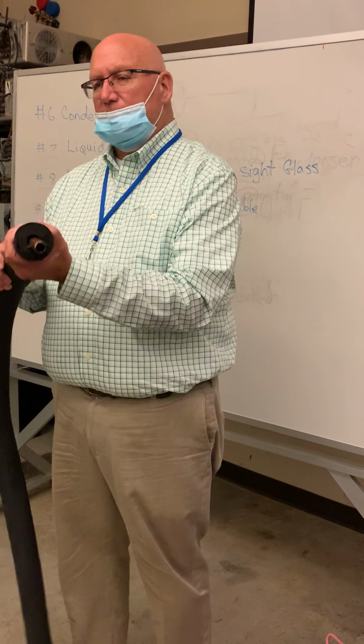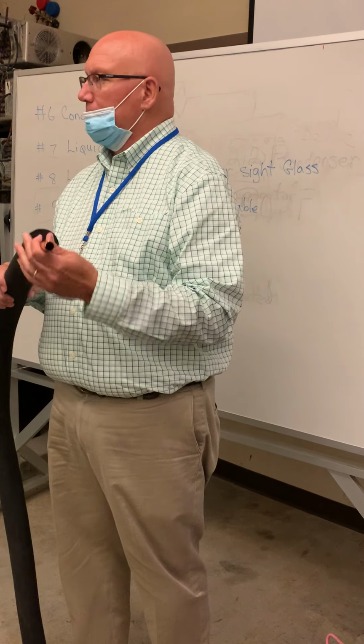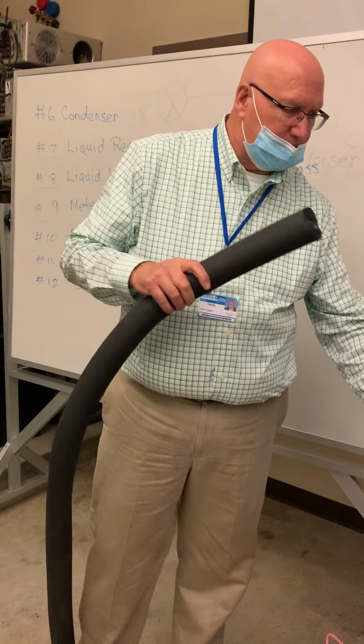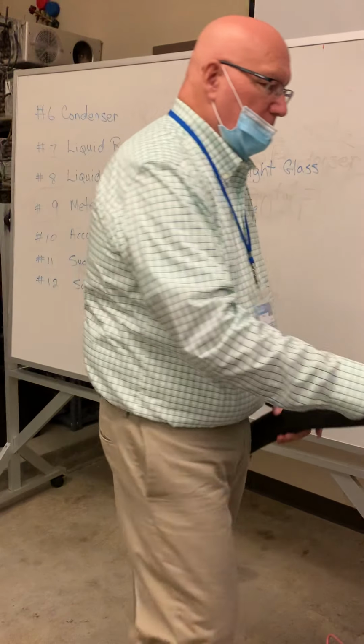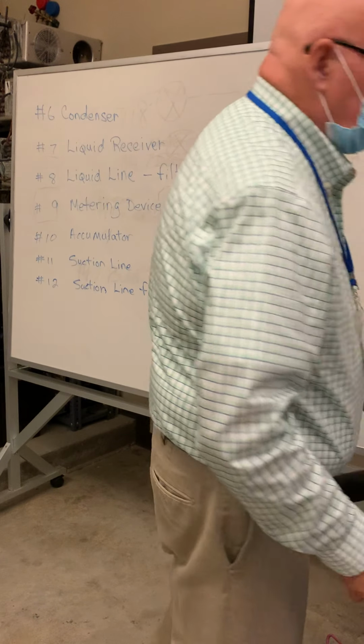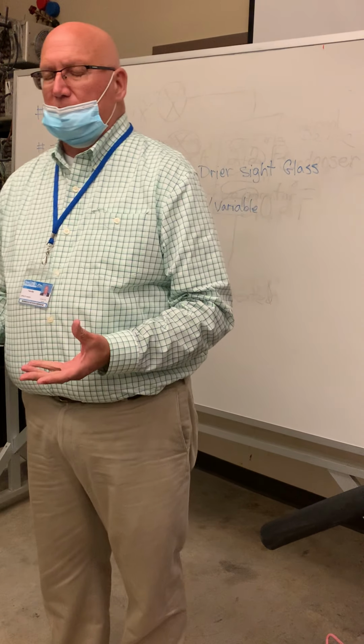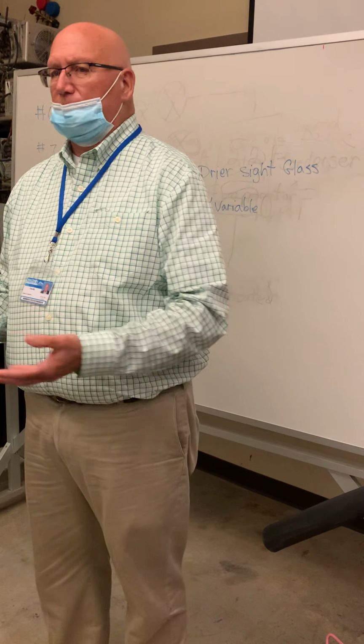So that's why you see this black stuff right here. And if you look around in the room, you'll see the lines have been covered, insulated with this. So suction lines are insulated. These days, if you have a ductless system and you order the line set, they'll ask you, do you want 25 foot or 50 foot for your install?